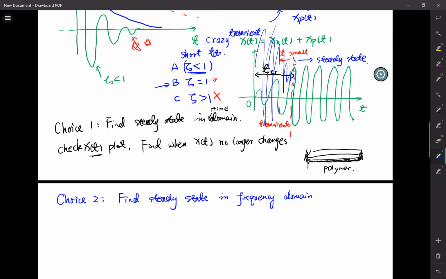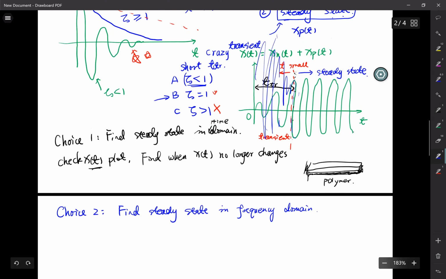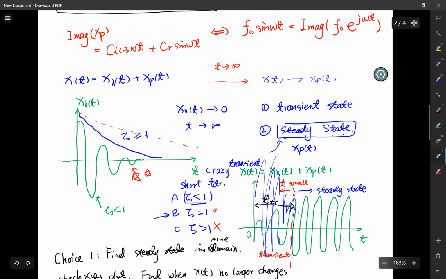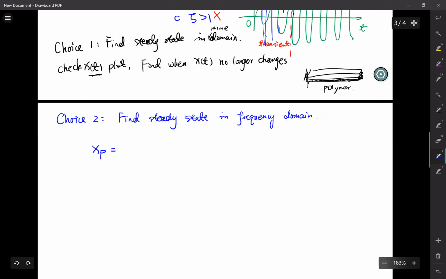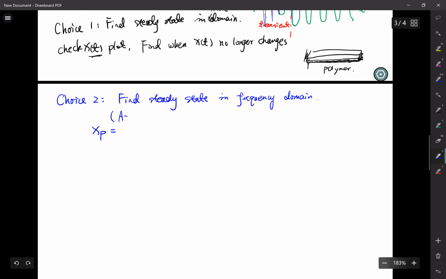So what does that mean? In order to do that, we have to go back to our x_p again. To simplify our discussion, let's assume F naught cosine omega t, a cosine excitation.